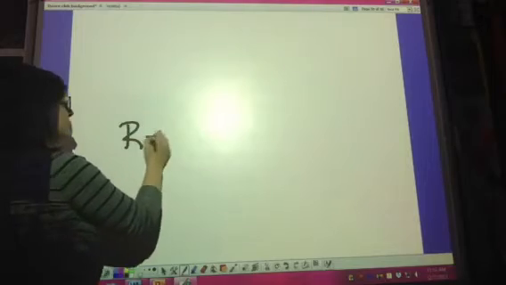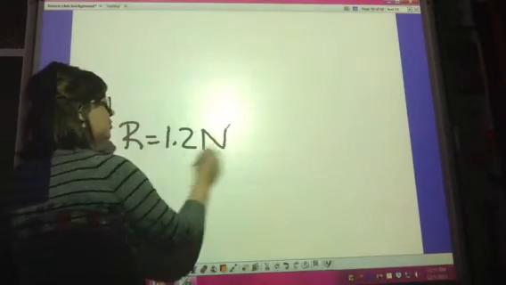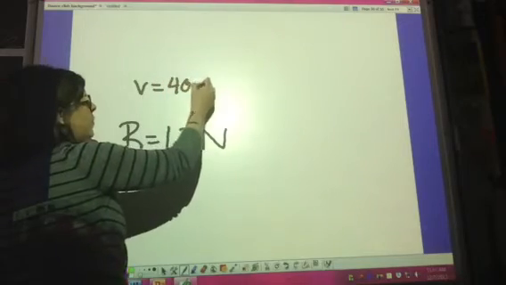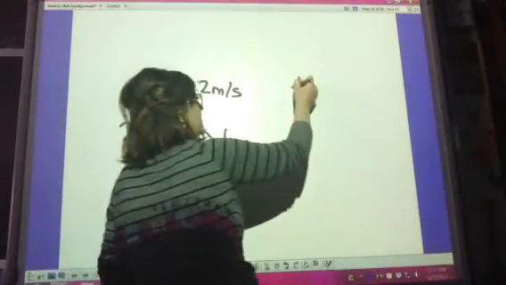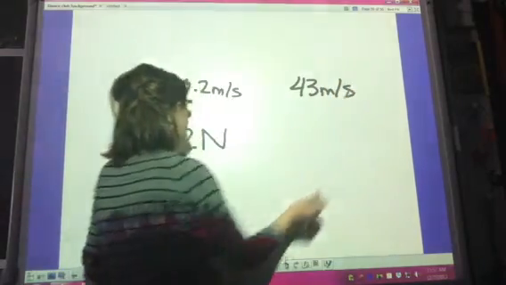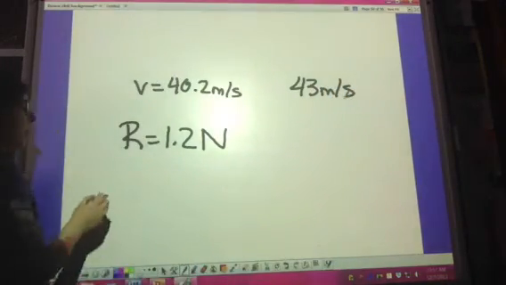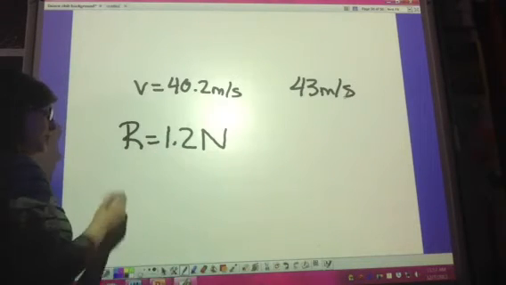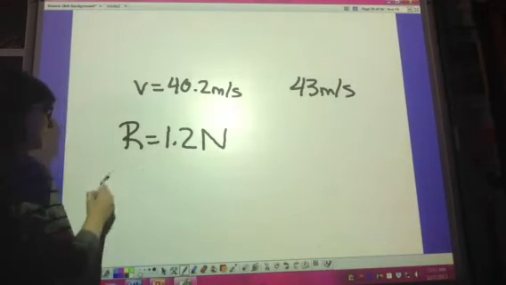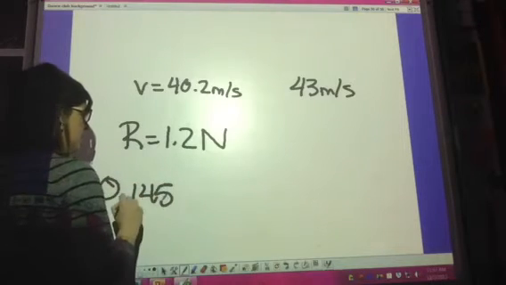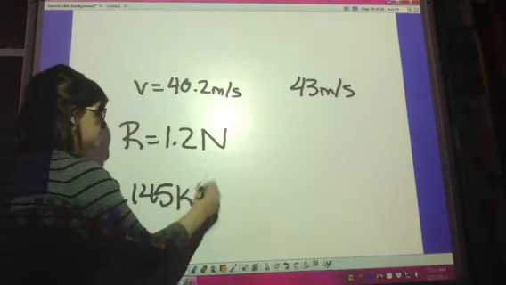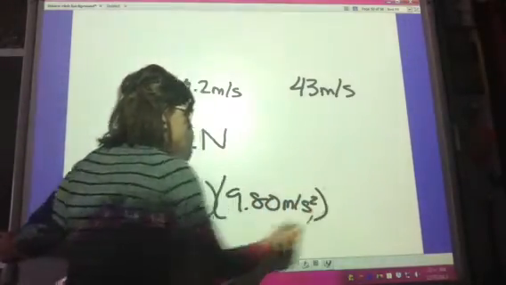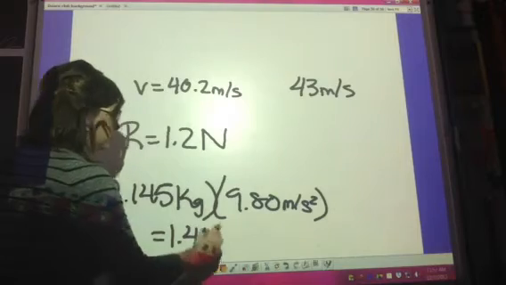We know our resistive force was at that point 1.2 newtons, and the speed was 40.2. Terminal speed is 43 meters per second. So this should be really, really close to the weight force. So this is a way I could possibly check. I could find the weight force because we were given mass, 0.145 kilograms times 9.8 meters per second squared. That should give us a weight force of about 1.4 newtons.